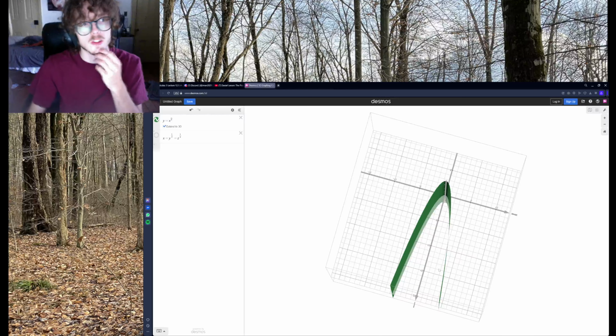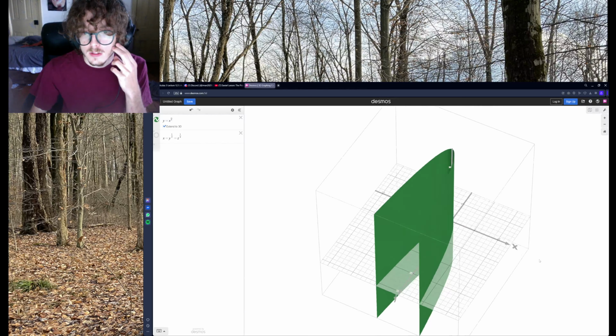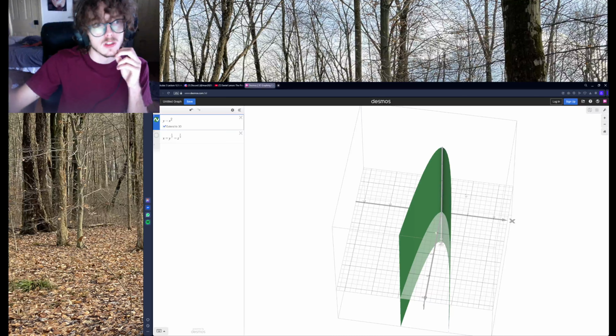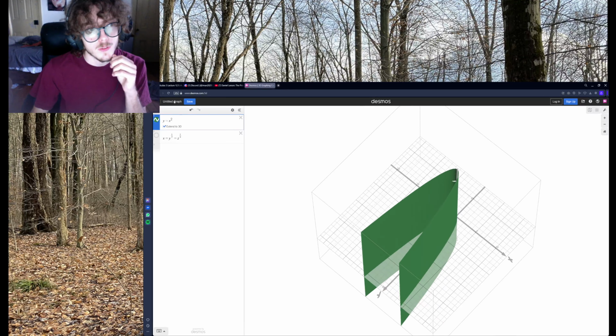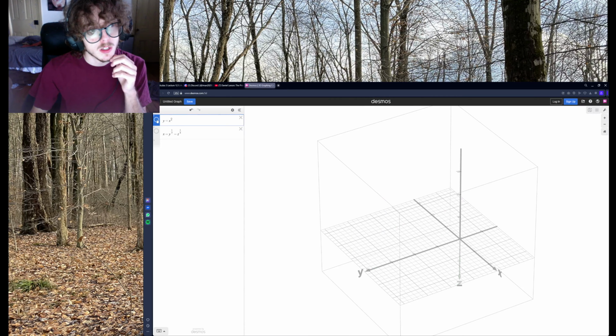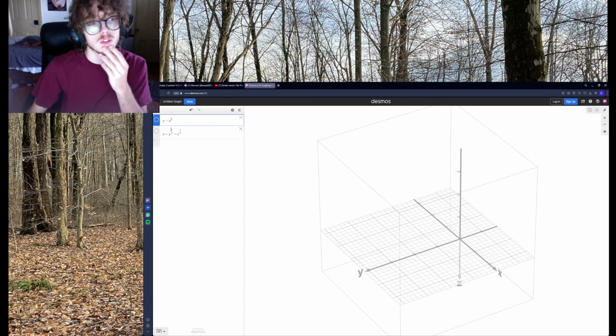Remember, y equals x squared. That's exactly what I have here, but I have it shifted along the z. There's no z component to it, so every time we increase in z, this function stays constant. Now what happens if we disable that and we draw in what we said, x equals y to the 1/2 equals z to the 1/3?